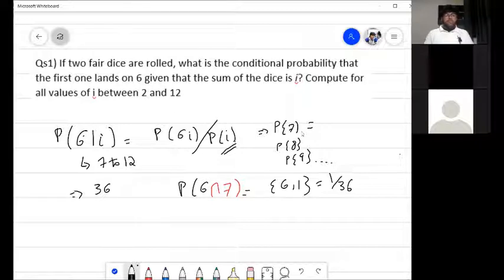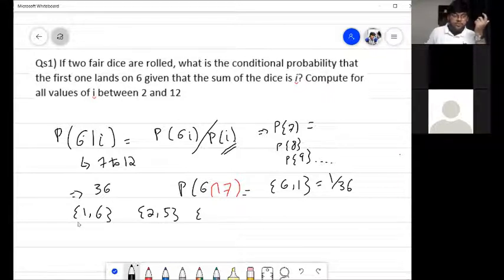Yep. So for you to get the probability of a sum of 7, you need to list down all possible values in the 36-point sample set that can give you a sum of 7. One value could be 1, 6, right? Another value could be 2, 5.